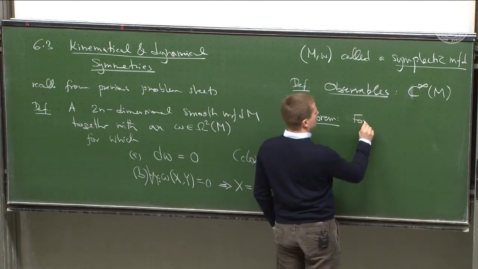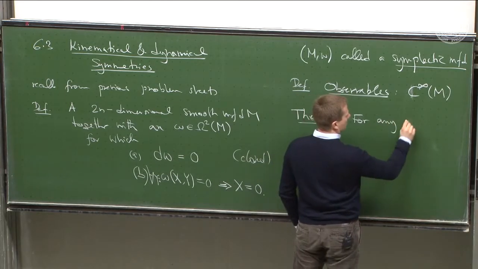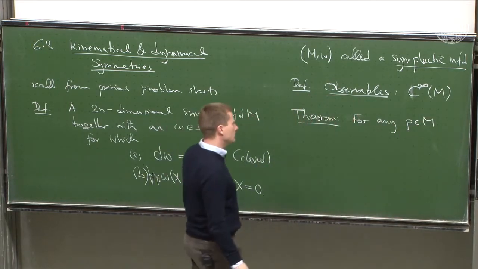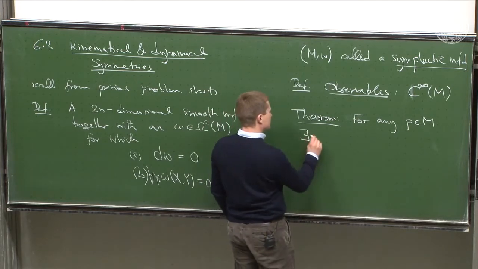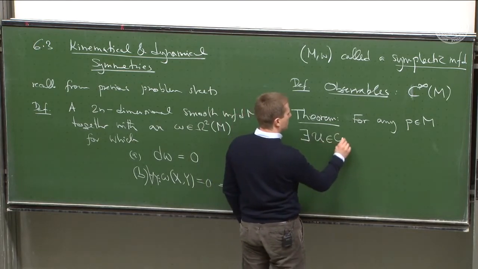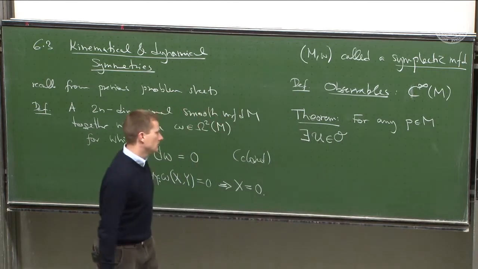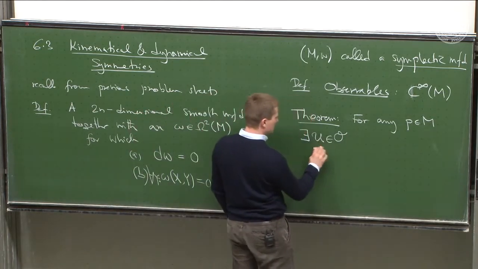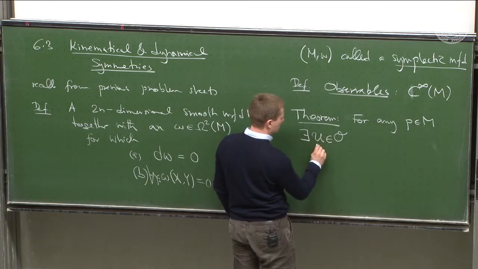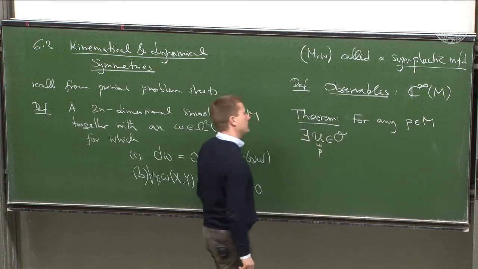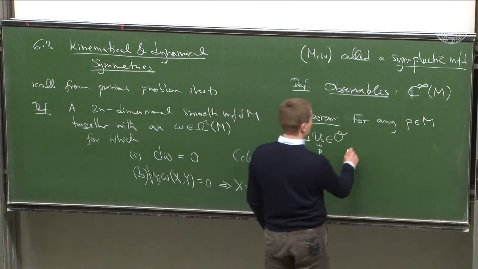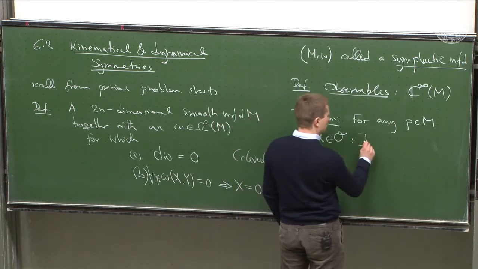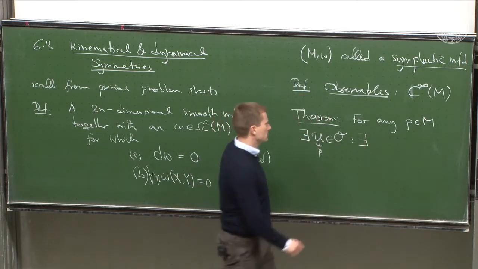for any point P of this symplectic manifold M, there exists an open set U containing P, so it's not the empty set, containing the point in question, such that there also exist coordinates.